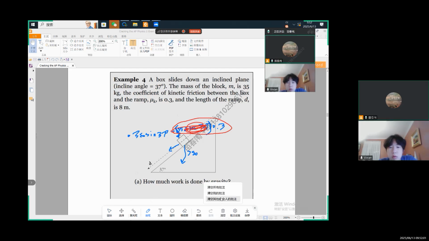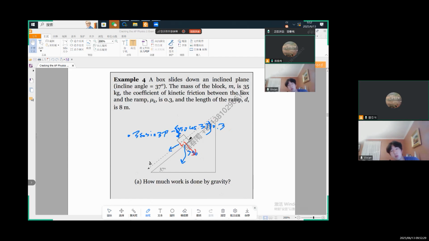Does that make sense? Wait, how is it 0? It's because you think about this component, which is very nice, but this component does no work. Oh, right, because it's not in the same direction. Also, some textbooks, including this one, say the component is perpendicular to the distance, so that's why it's 0.